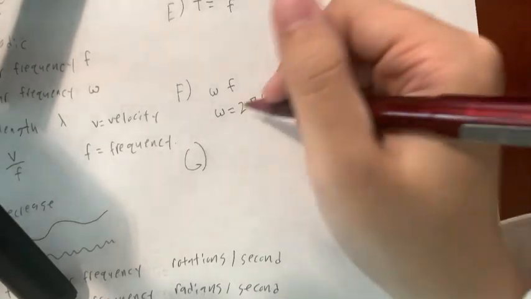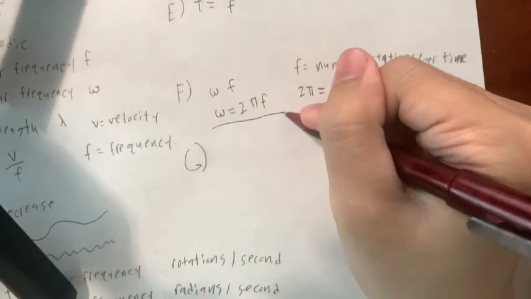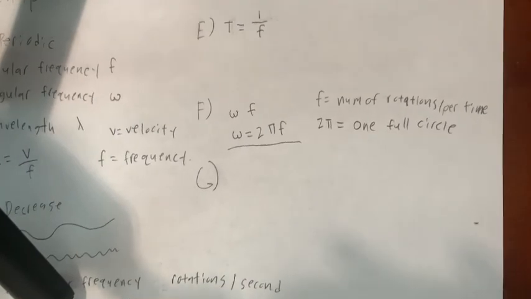Hence how we come up with omega equals 2 pi times frequency.